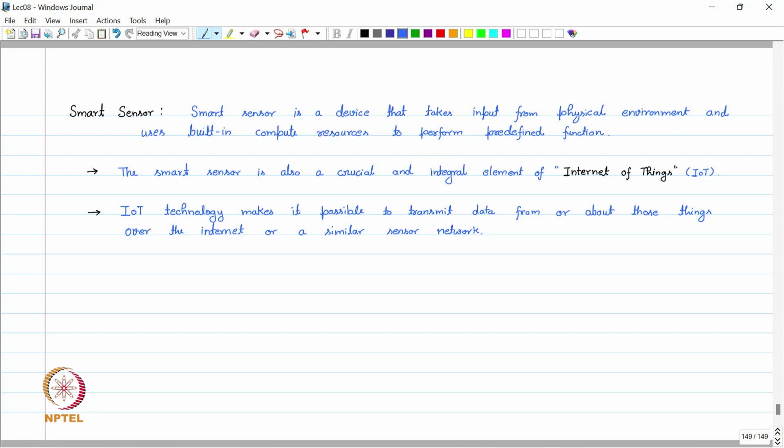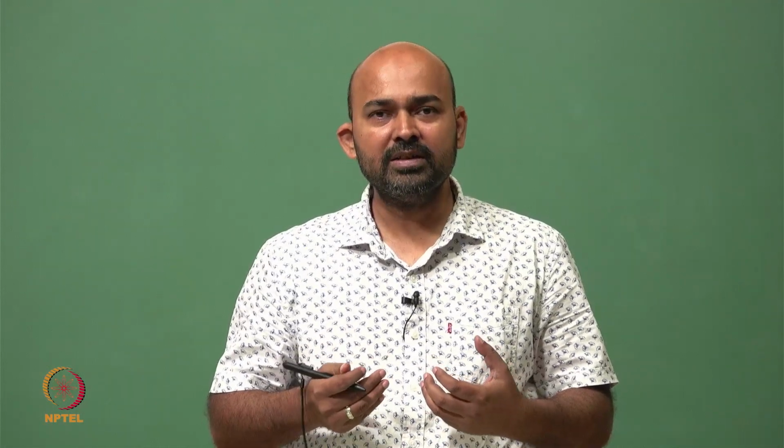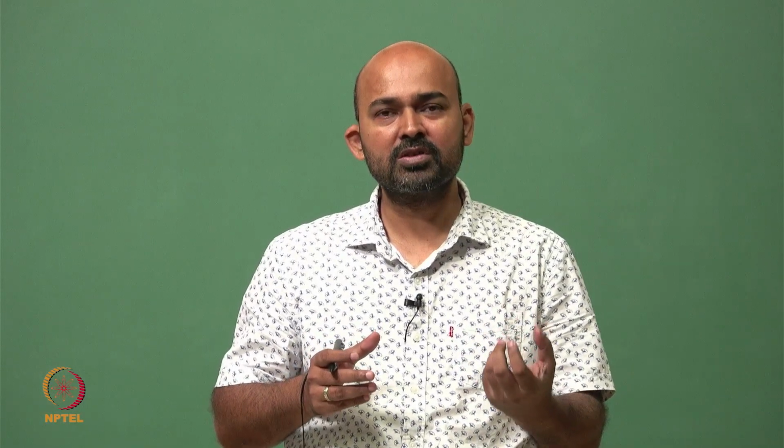So these smart sensors are a very crucial and integral part of IoT, the Internet of Things, which is a very new, very recent concept of putting sensor nodes. For example, we have a very large field and we want to measure the moisture of the soil using some sensors.